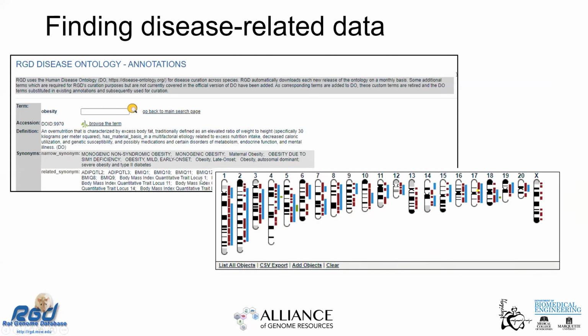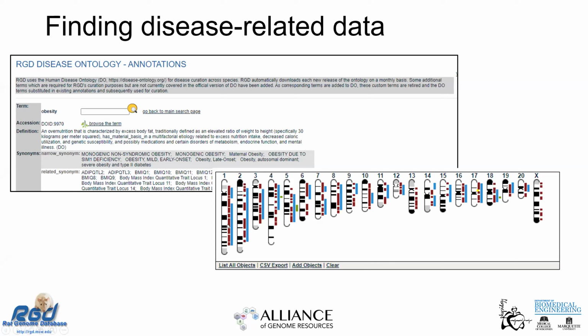So here I've chosen rat, and this is the ontology report page. You have the information about the actual term itself here at the top, and then there's a display of all of the annotated objects that can be mapped to the genome shown in the genomic context, so in the context of the karyotype.